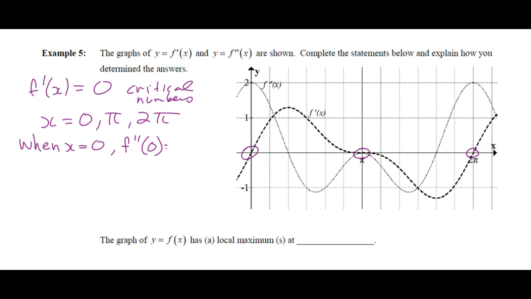We could say it equals 2, which means that it's positive, which means that the graph is concave up, which means that we have a local min.